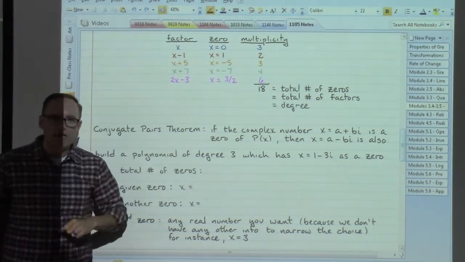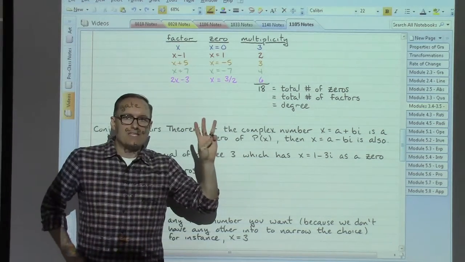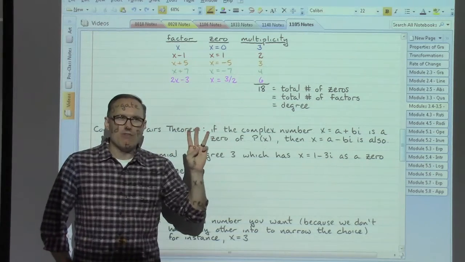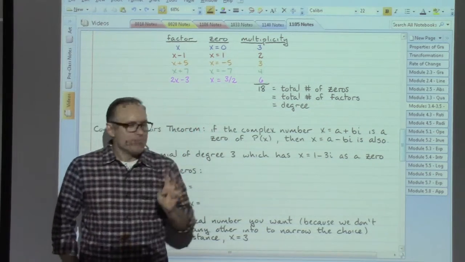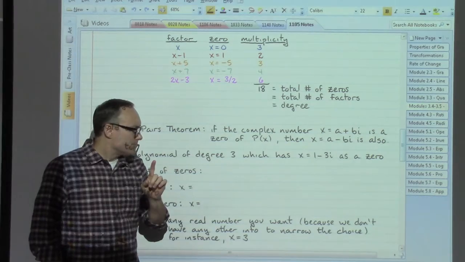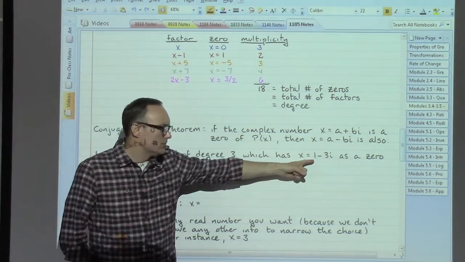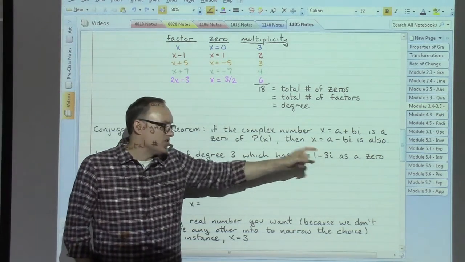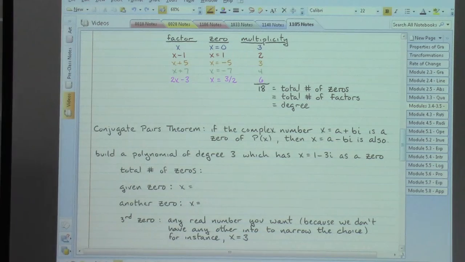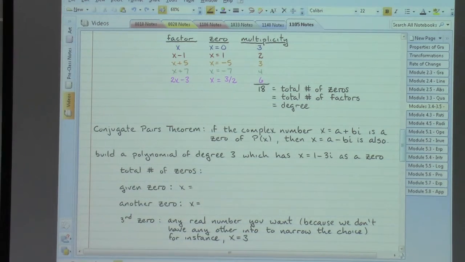We're going to build a polynomial. It's got degree 3. That means that it's going to have 3 zeros. Maybe not a helpful comment. 3 factors, more helpful. They only give us 1 zero. So one of our zeros is this 1 minus 3i.